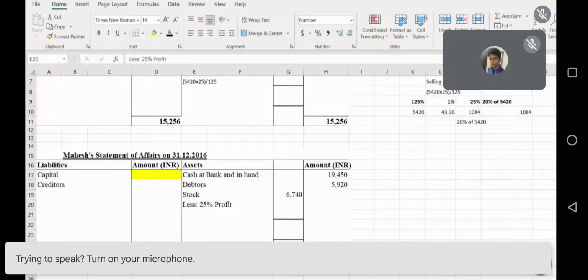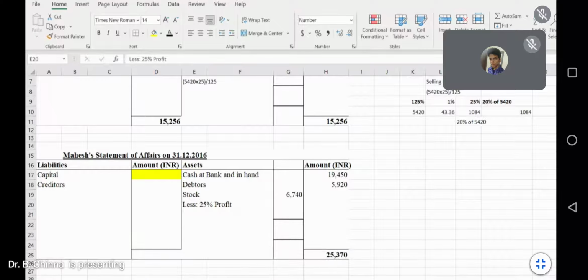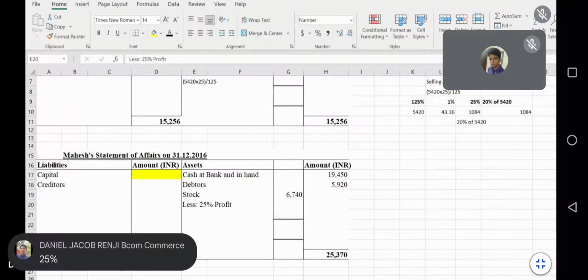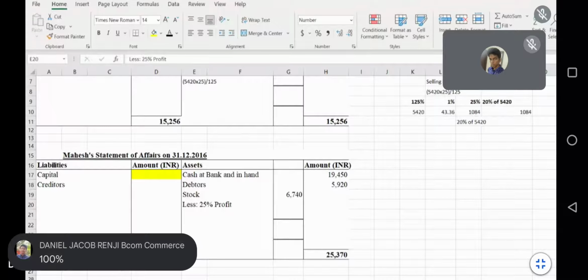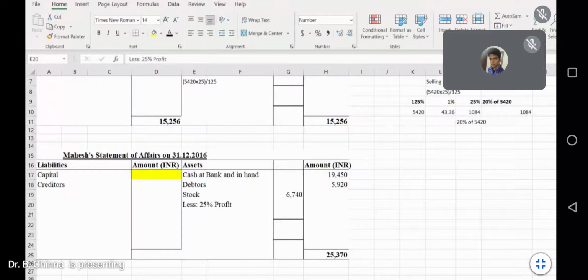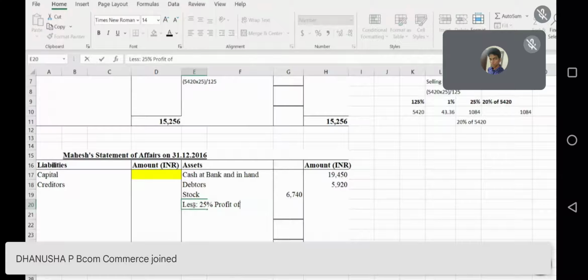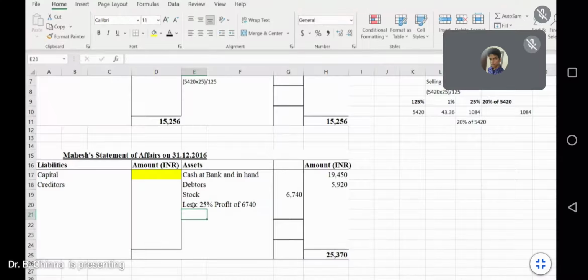At selling price, which shows a gross profit of 25%, which means 6,740 is 125, or 100% is included with a profit of 25%. So how are we going to find it out? Straight away, 25% out of how much? 6,740. What is the amount?